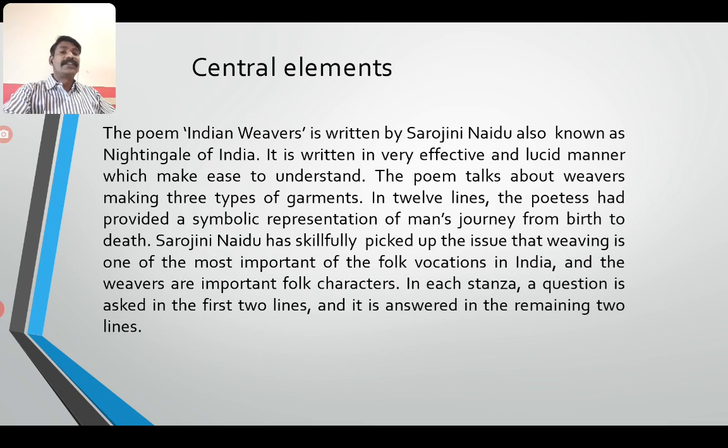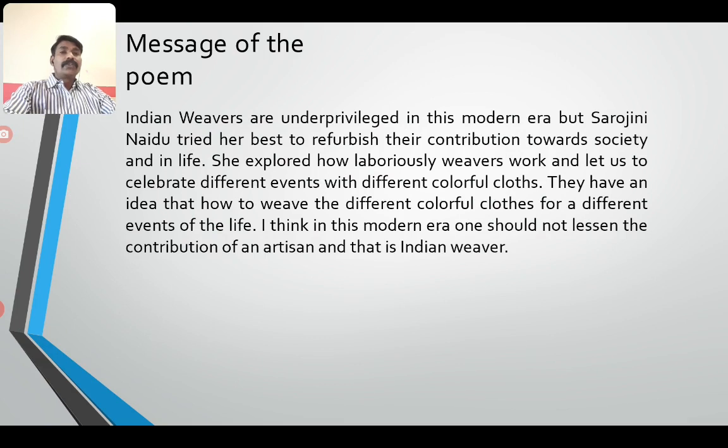Sarojini Naidu has carefully picked up the issue that weaving is one of the most important folk vocations in India, and weavers are important folk characters. In each stanza, a question is asked in the first two lines and it is answered in the remaining two lines.